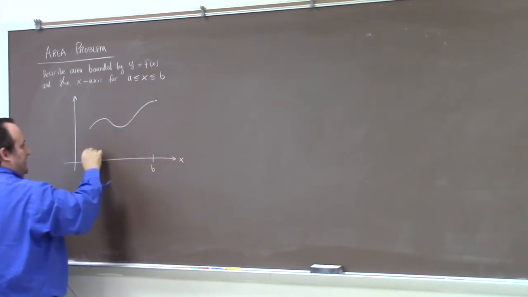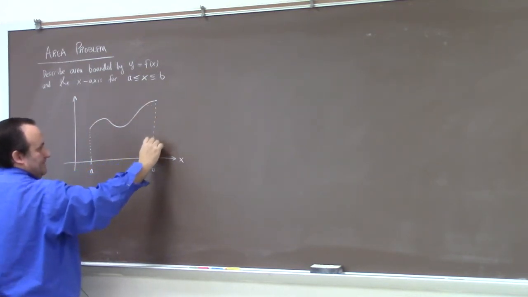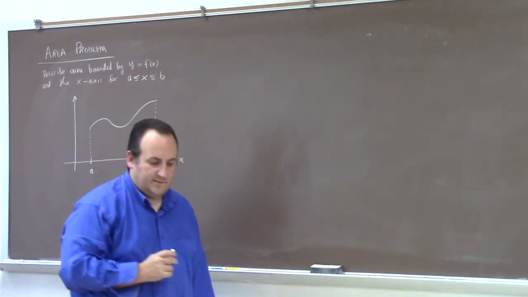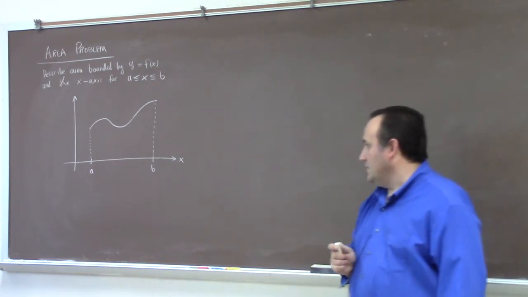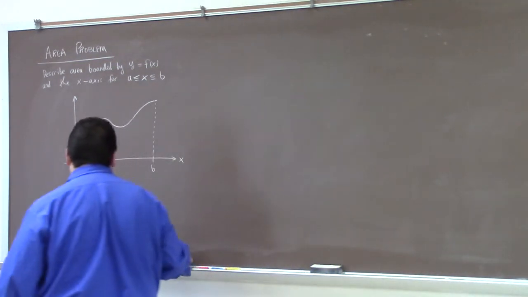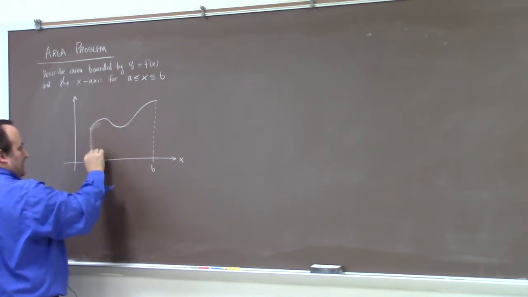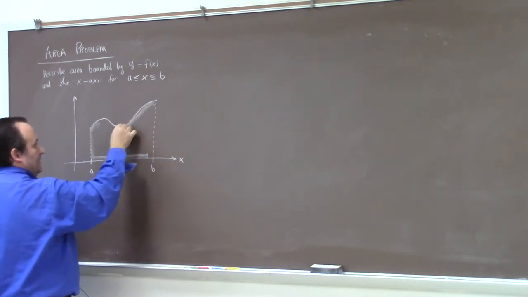I don't know what it looks like exactly, but just think about an arbitrary function. We'd like to find the area of that region, all right? So here I'll shade it with some inferior chalk. What's this area?